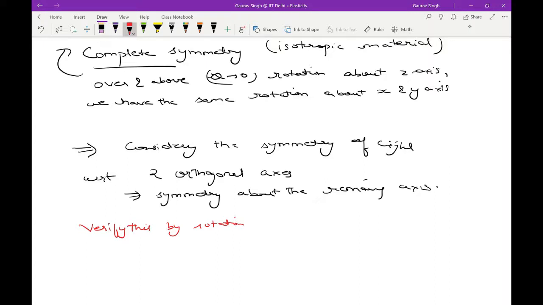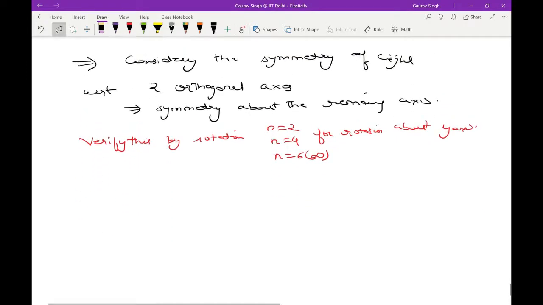Take the easier ones again, I won't make you work very hard for this. N equal to 2, n equal to 4 for rotation about, say, the y-axis. And then eventually it will be about 6 only, which will be the infinity case.